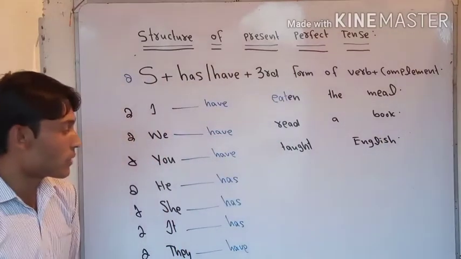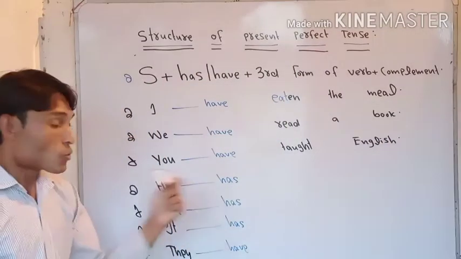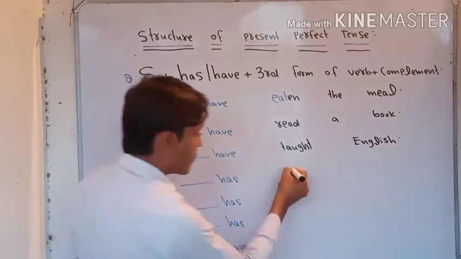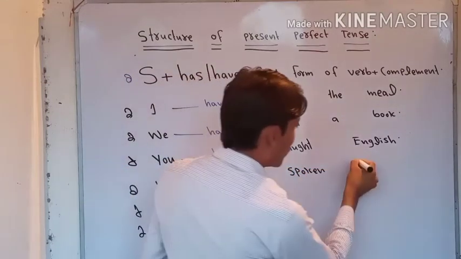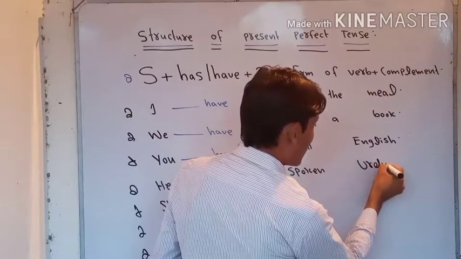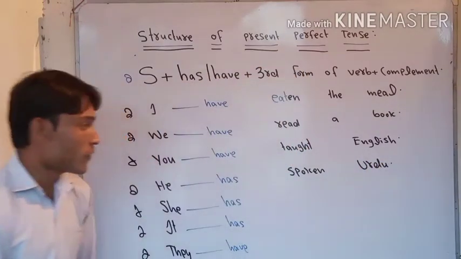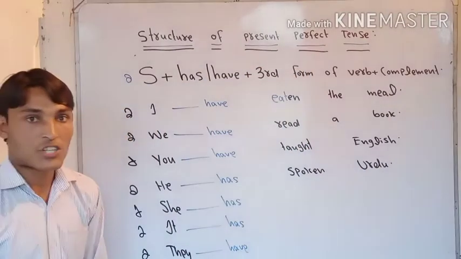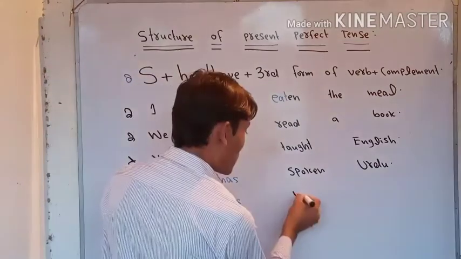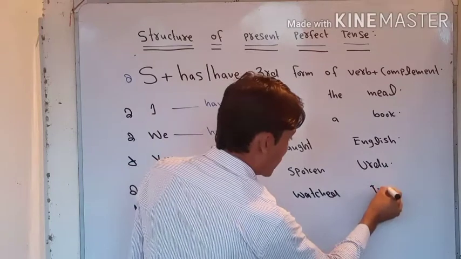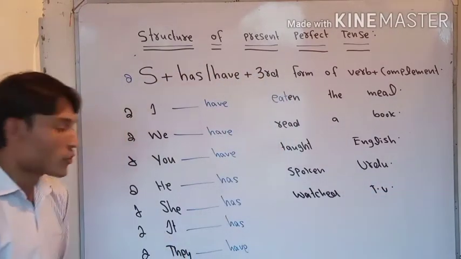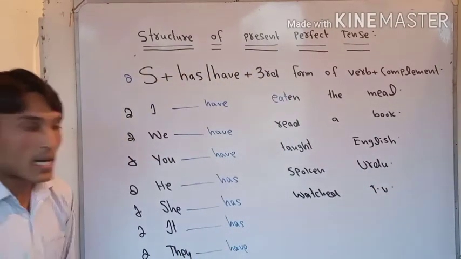If we talk about he, so he has, then speak, so we say spoken. He has spoken Urdu. If we talk about she, we say that she has watched TV. If we talk about it, we say it has rained.